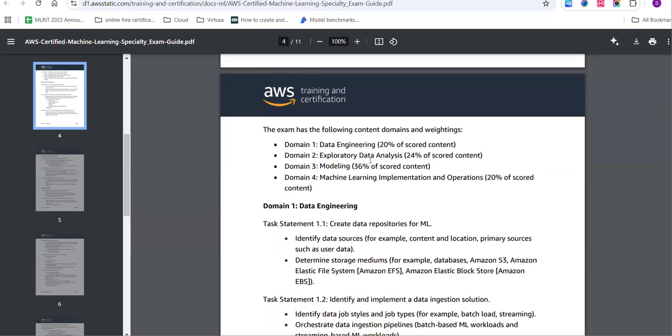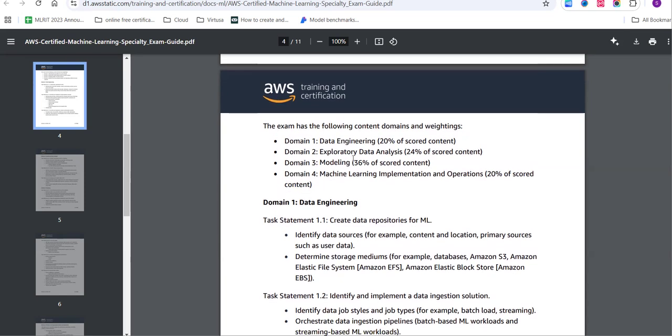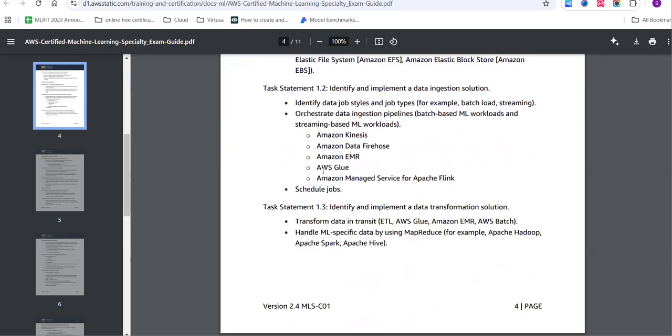So those things we need to understand here. And which type of parameters do we pass to the model so that we can make the model suitable for our requirement, and how to train the model or fine tune the model based on our business case with our business data, and how to evaluate our model. So all these concepts need to be covered under this domain 3.